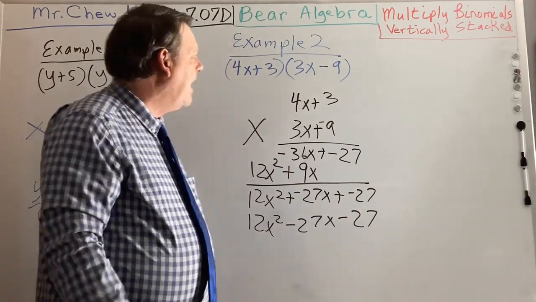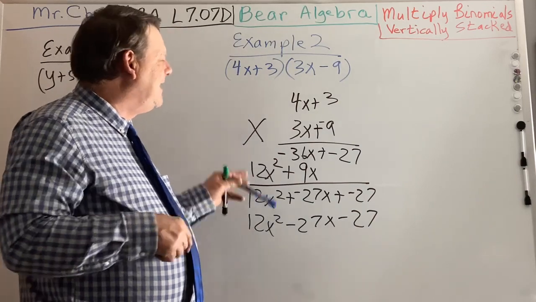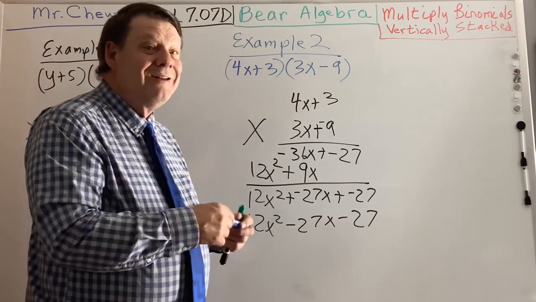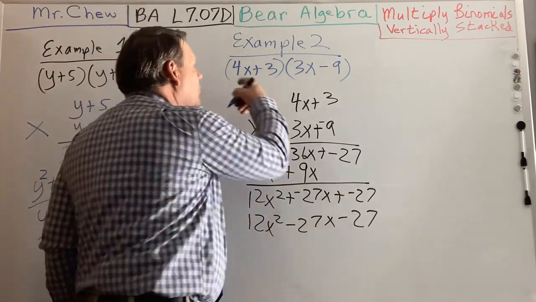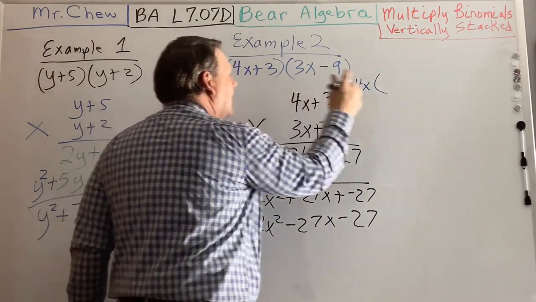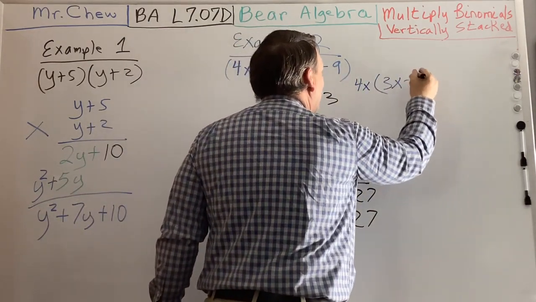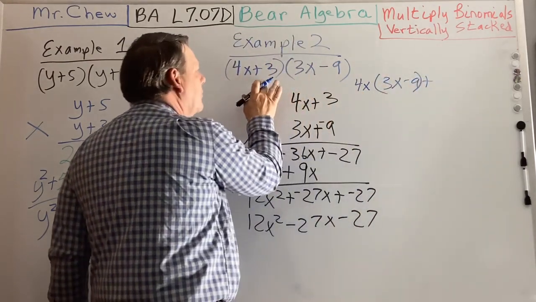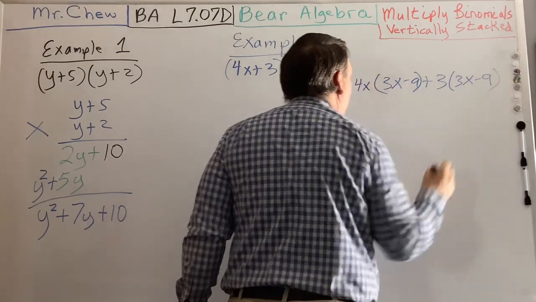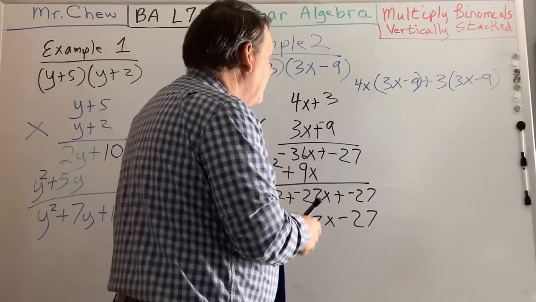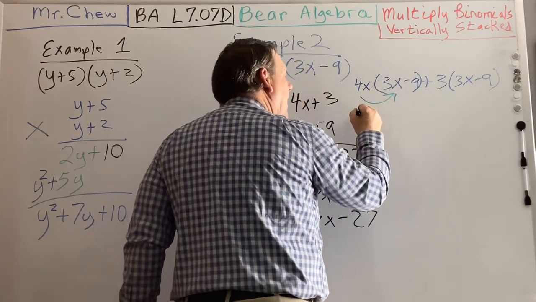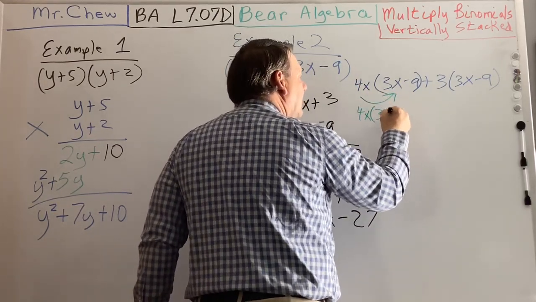All right, so now you're saying, okay, but is this really the right answer? Well, you remember in an earlier video, I showed you how to use the distributive property: 4x times the 3x minus 9 plus 3 times the 3x minus 9. We're just checking now to see what's happening. So we've got 4x times 3x.